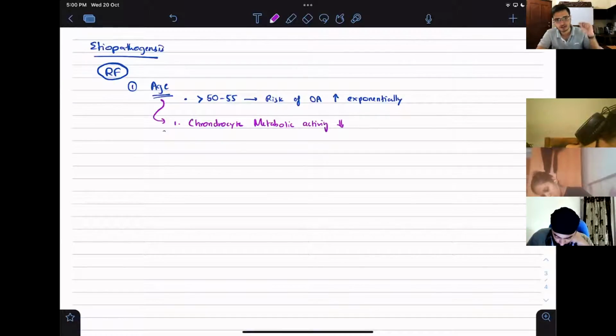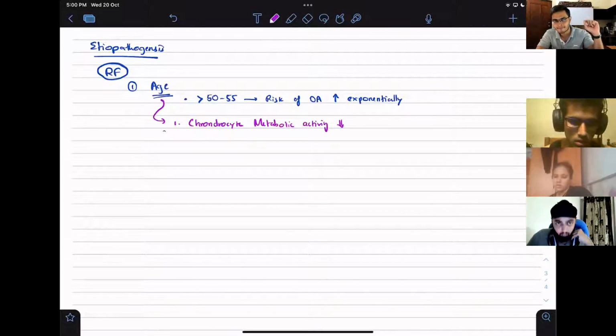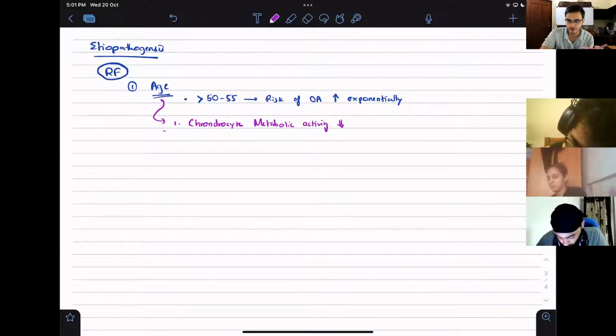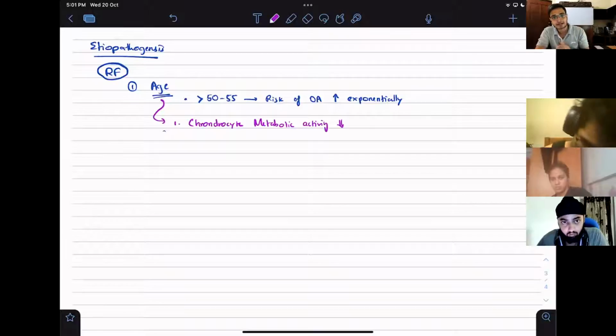Now, when I say chondrocyte metabolic activity, what do I mean? Basically synthesis. When I say metabolic activity, I want you all to think synthesis. If I say catabolic activity of chondrocytes, we are talking about degeneration. Chondrocyte metabolic activity is reduced.